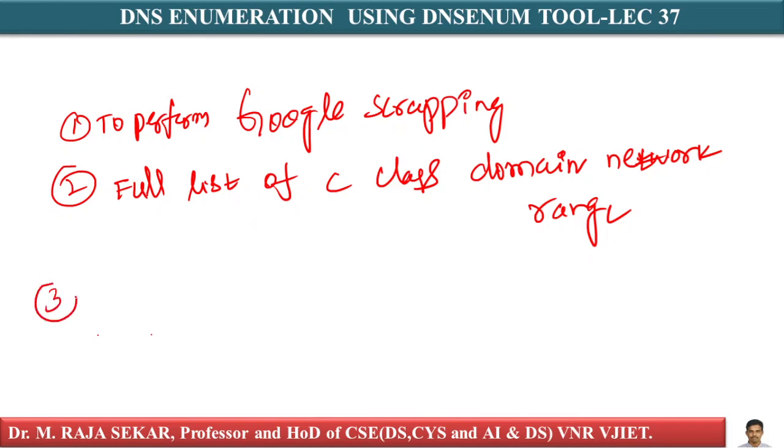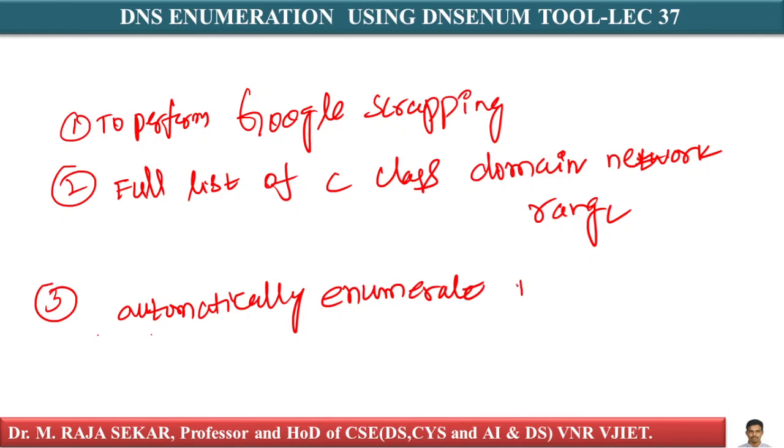In Kali Linux we also have tools for DNS enumeration which can automatically enumerate a DNS server with a few commands.